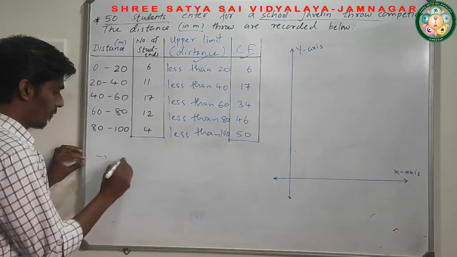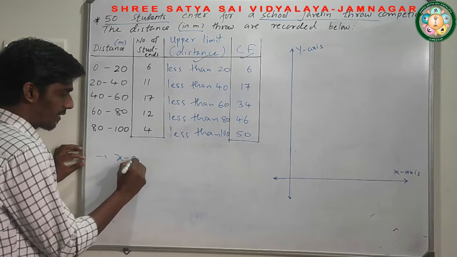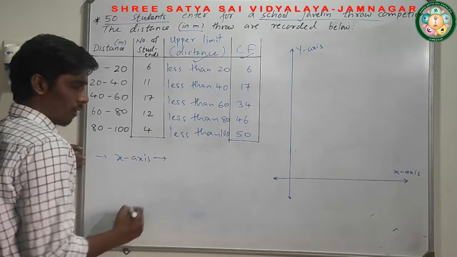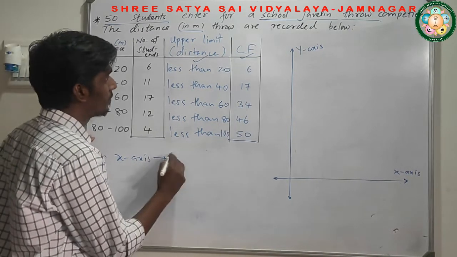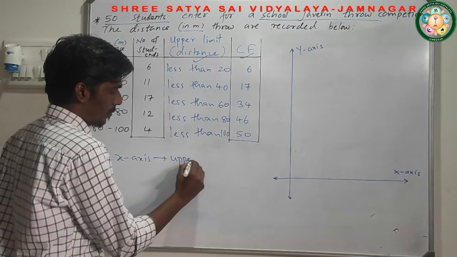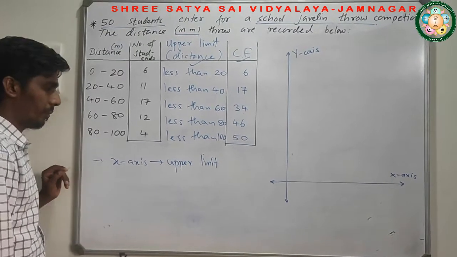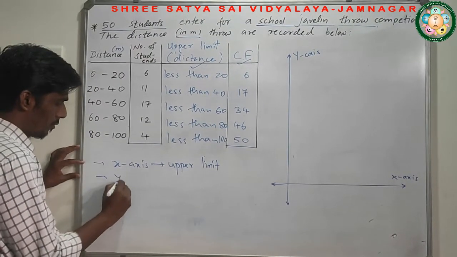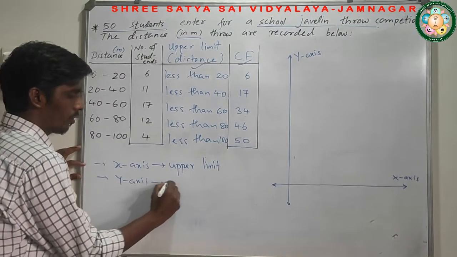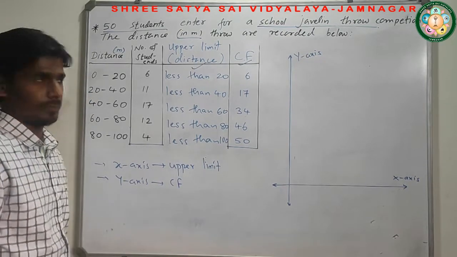So just remember, for less than type, on x-axis, what you have to take? It's upper limit or upper boundary point. And on y-axis, it's always CF.